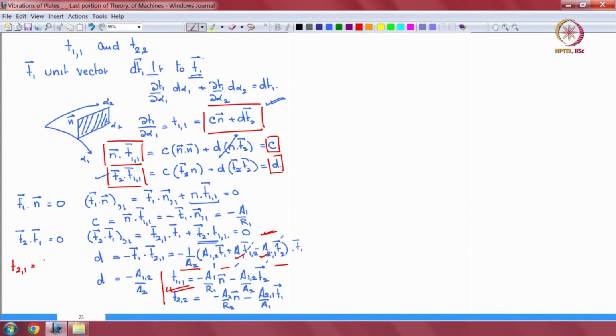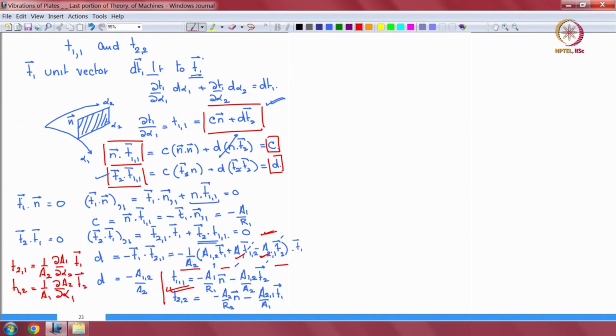T2 comma 1 was 1 by A2 del A1 by del alpha 2 T1 and T1 comma 2 is equal to 1 by A1 del A2 by del alpha 1 T2.